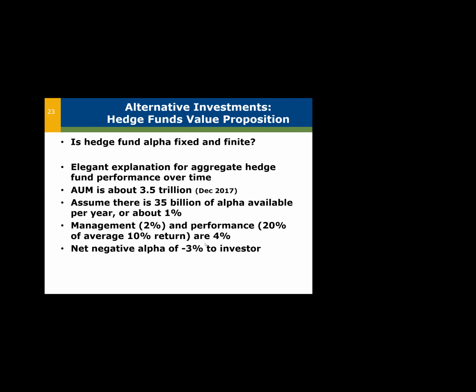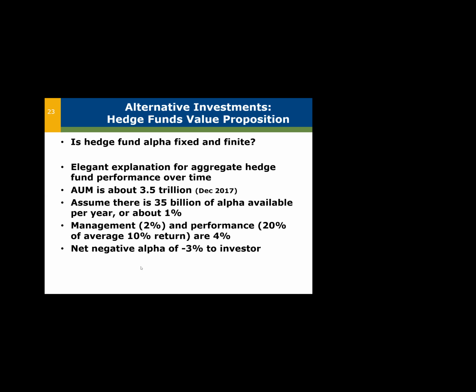So remember, there's this netting issue of fees, right? And so maybe it's a little bit of an overestimate, but just for illustration purposes, out of that 1%, the investors end up paying roughly 4% in fees, which means there's a net negative alpha of 3% for the investor, which means that the average investor in hedge funds will earn negative 3% alpha, which is clearly not a good investment.